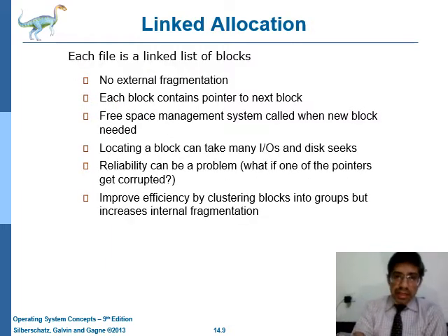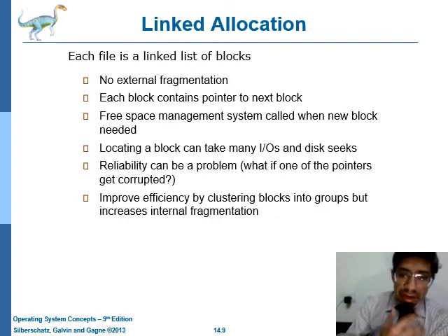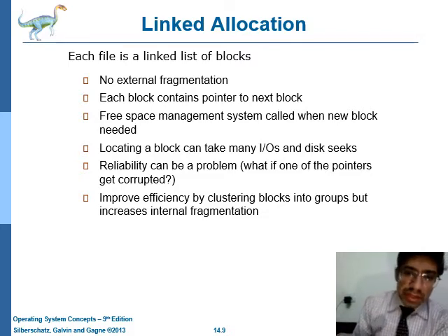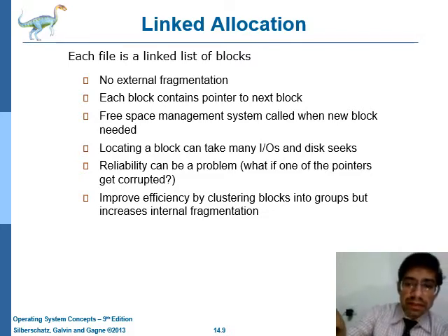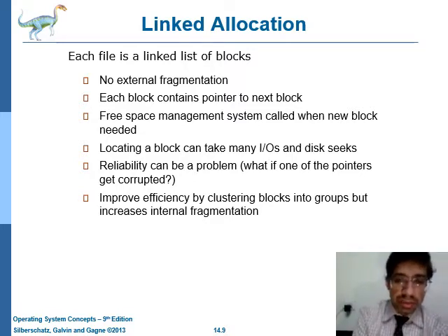Let us study the next method of allocation, called linked allocation. In this case, you can store a file at random or scattered blocks on the disk. Just as in contiguous allocation, the disk is split into multiple blocks, and the file is also split into multiple blocks.